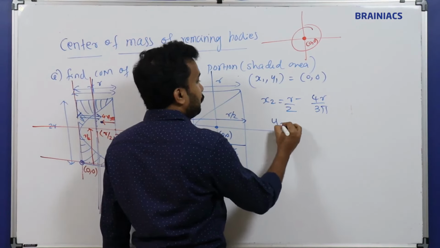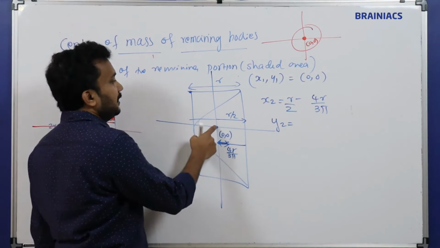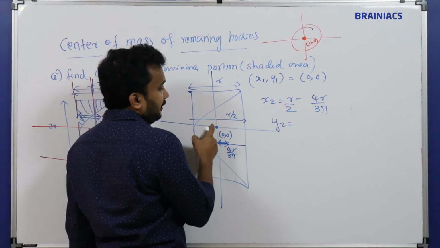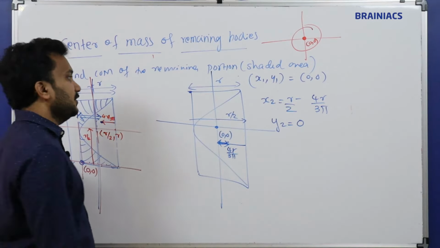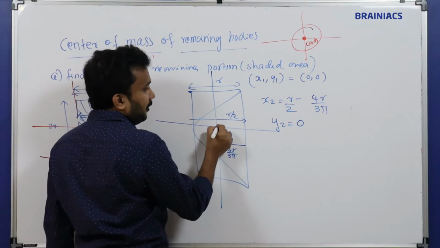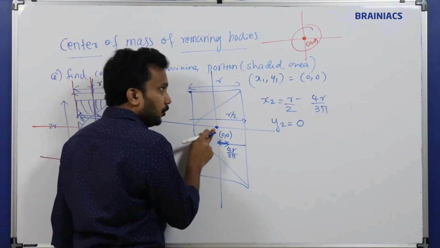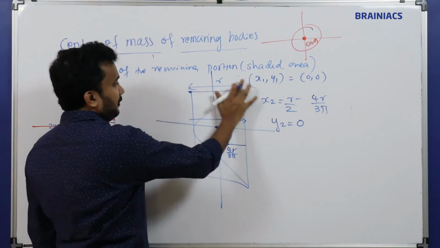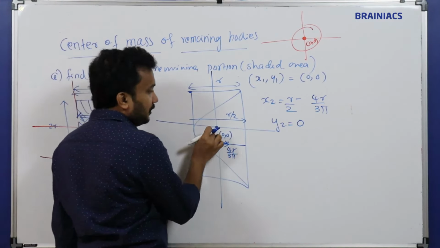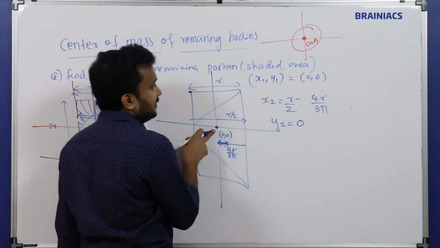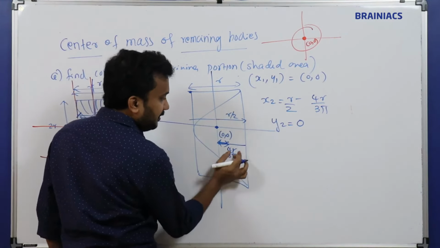And what is your y2 coordinate? The y2 coordinate is given as 0, because the center of mass will be at a point along the height. So this will be considered the origin. From the origin, for the rectangle, x1 and y1 are 0, and with respect to this origin, x2 is r by 2 minus 4r by 3 pi.